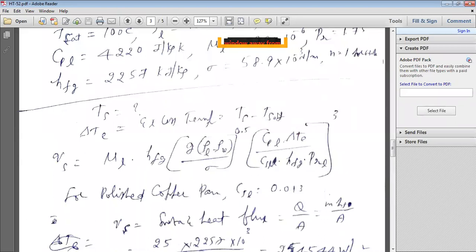So the excess temperature, Ts minus T saturation, is to be found out. What is the surface temperature of the pan? Saturation temperature is 100 degrees centigrade, because the water is at atmospheric pressure.